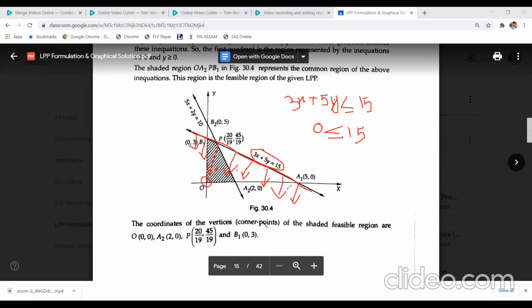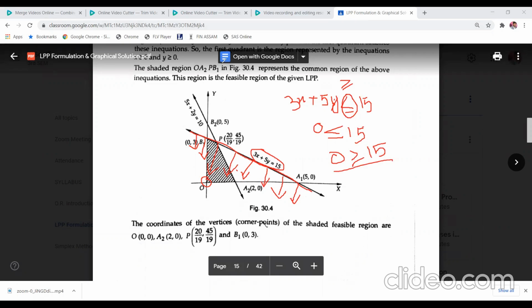Its opposite: suppose in place of less than or equal to, it has been given greater than or equal to. Then 0 will be what? Greater than or equal to 15. Obviously this statement is not true. That means in the solution region of this inequation, the origin will not lie.